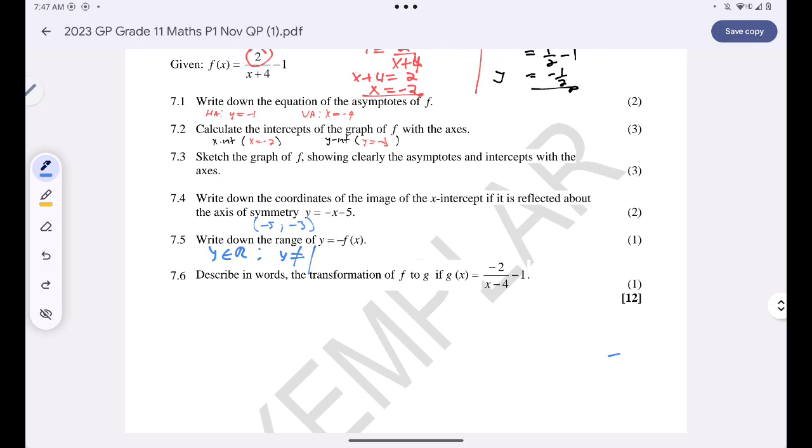So here I can only assume that for them to have a graph of g, they just reflected along the y-axis, right? Whenever you reflect along the y-axis, you just change the sign of x.